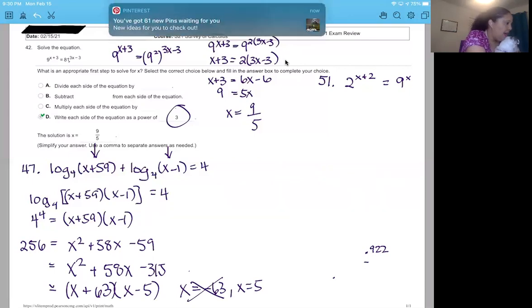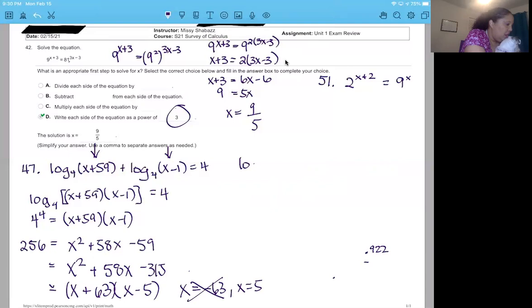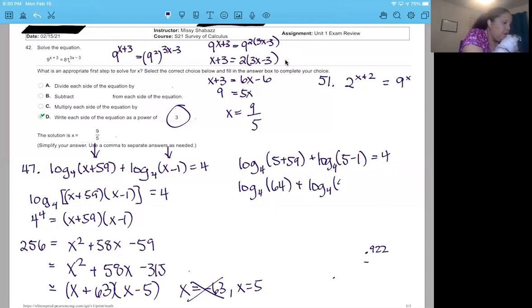All right, so I have log base 4 of 5 plus 59 plus log base 4 of 5 minus 1 equals 4. So 59 plus 5 is 64, plus log base 4 of 4 equals 4.